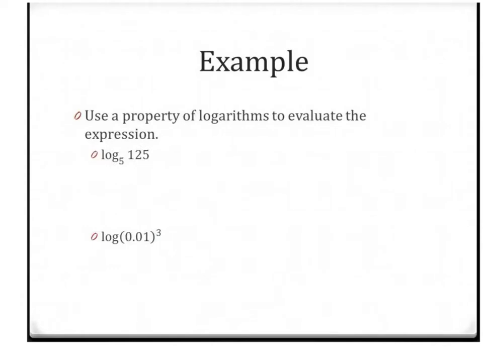Alright, so let's look at two more here. Hopefully you know what 5 to what power is 125, but let's say you didn't or you couldn't remember. What this property tells us is that we can write this as log base 5 of 25 times 5, okay, that would be 125 still.